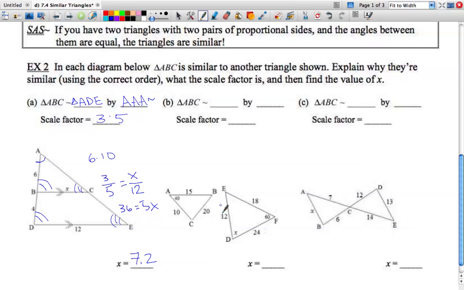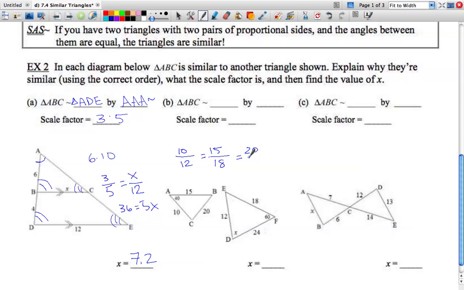Well, we don't have enough info about the angles to determine if these are similar by angle, angle, angle similarity, so let's work on the sides. What I always think of is that we check the smallest side, which has a length of 10. We compare that to 12, which is the smallest side in the other triangle. We take the medium size, which is 15, and compare that to 18, and we compare 20 to 24.